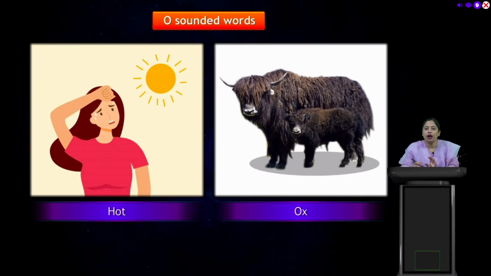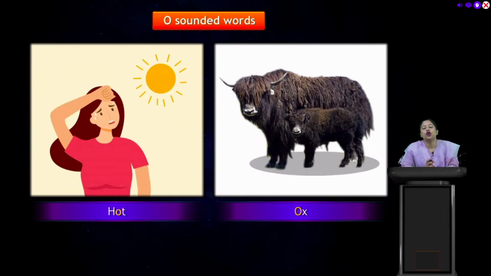Hot. It is the short O sound. This is hot. This is ox. Say aw. Hot, ox. Home, hot.